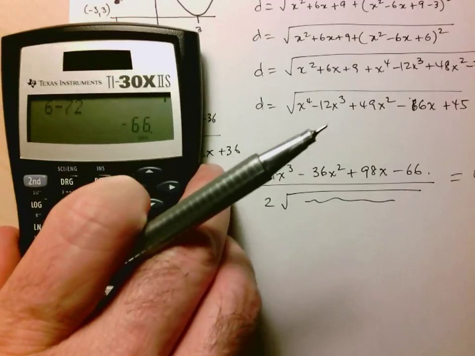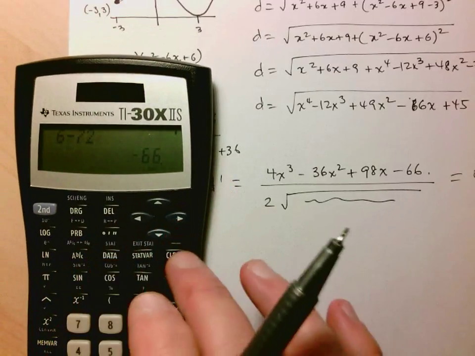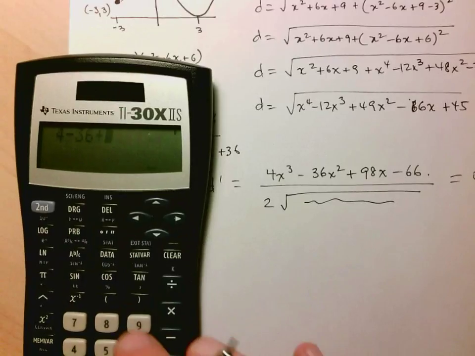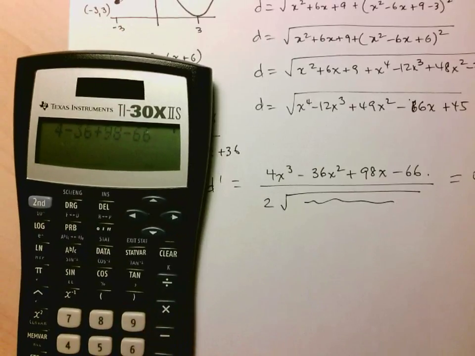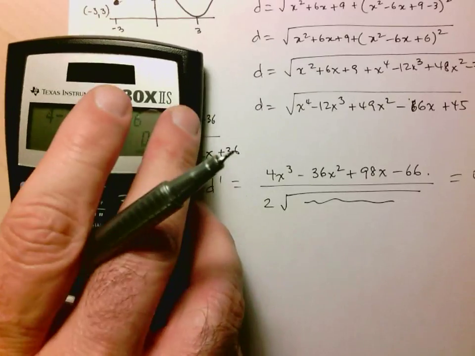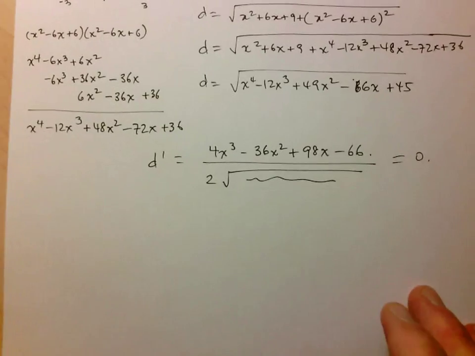Let's check, I guess, 1 and maybe 2. So here we've got 4 minus 36 plus 98 minus 66 is equal to 0, and there you go. It was worth a try. So x equals 1 is one of our factors.